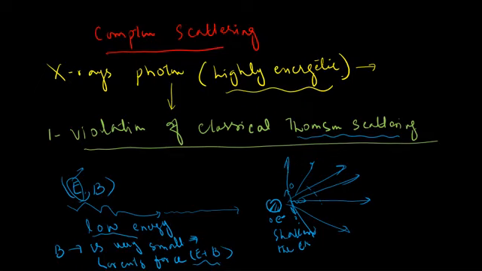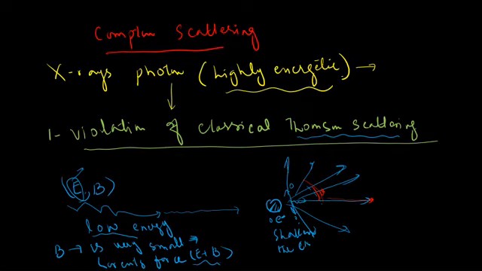The formula for the Thomson scattering cross section can be written as a function of angle theta, which is the angle between the incident photon direction and the photon that emerges in a different direction.